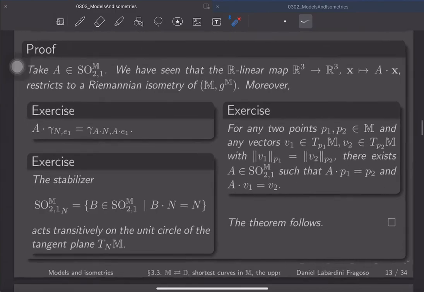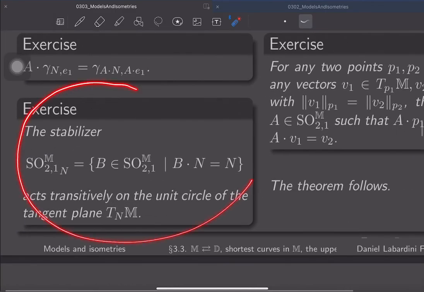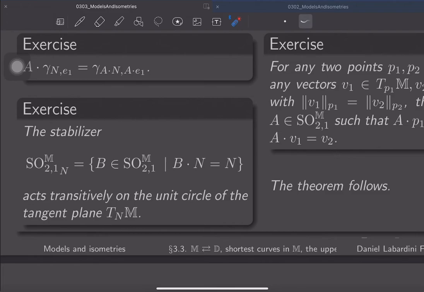As you can see, part of the exercise, and I would say most of the exercise, is just getting used to thinking in these differential geometry terms.